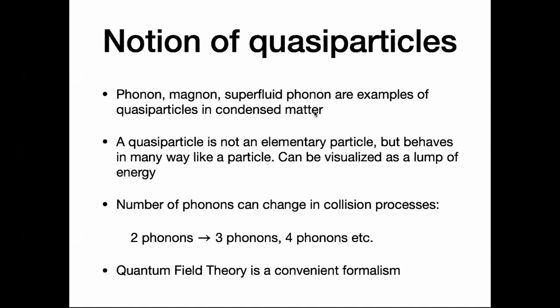In the case of phonons, we can see how quantum field theory is needed to describe this phonon. When we take one phonon and collide it with another phonon, the number of phonons can change in the collision process. In classical physics, it's related to the nonlinear effect in elasticity. This nonlinear effect in elasticity after quantization becomes the possibility that phonons can interact with each other and produce more phonons.